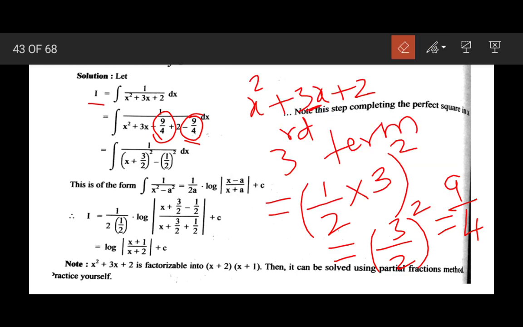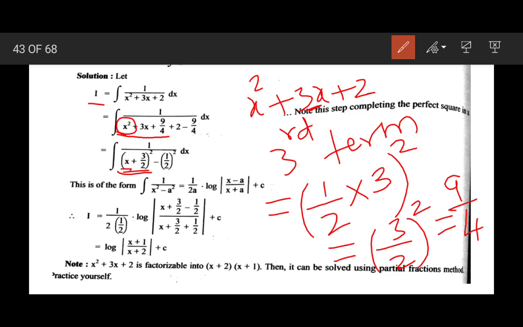Now see it very carefully. Here, these first three terms, x square plus 3x plus 9 upon 4, will be x plus 3 upon 2 the whole square. How am I getting this? For that I have to take the square root of the first term, which is x.